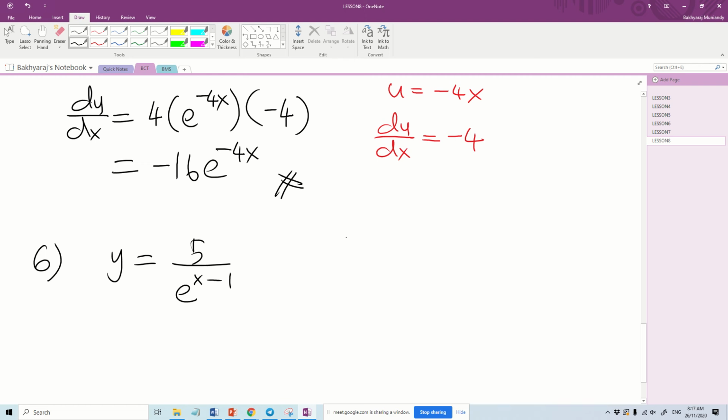Okay, again we need to bring it up lah. Must make negative power. So how are you going to make negative power?